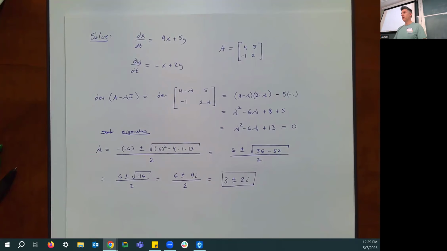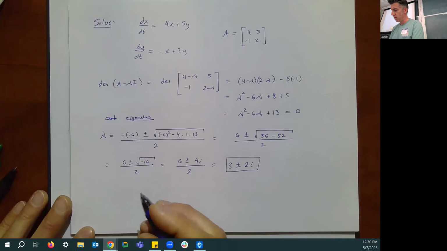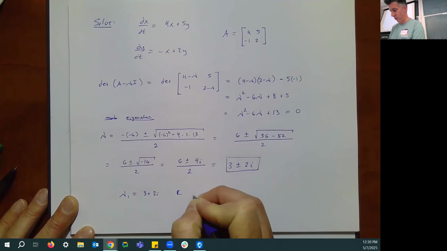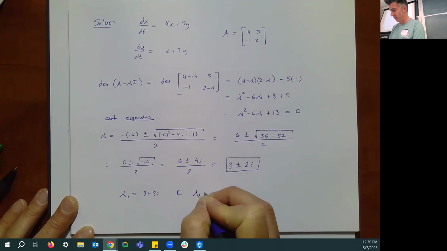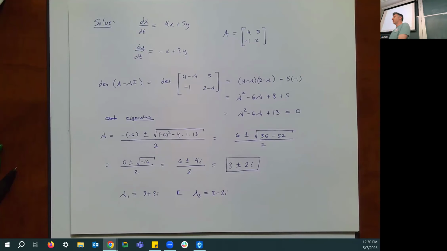Typically we use the one that's plus, for no good reason other than we have to pick something. So usually we say lambda 1 is 3 plus 2i, and we don't even care about the other one. Technically you're using both of them and it just works out. All right, so now we're going to try and find our eigenvectors.